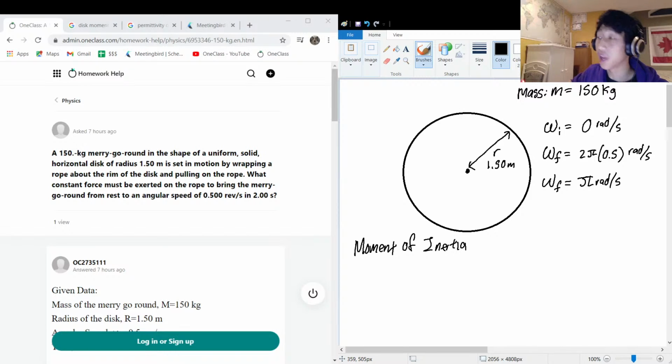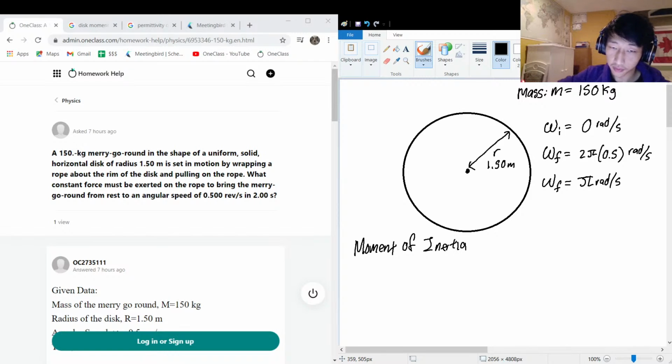Imagine big car tires. You can't really slap them and expect them to start spinning. But a much smaller wheel, like a skateboard wheel the size of maybe a fruit, you could slap that and you'll see it really start spinning. You're not going to be able to do that with a car tire because the car tire has a significantly larger moment of inertia, so that same force of the slap is going to cause less of a rotation.